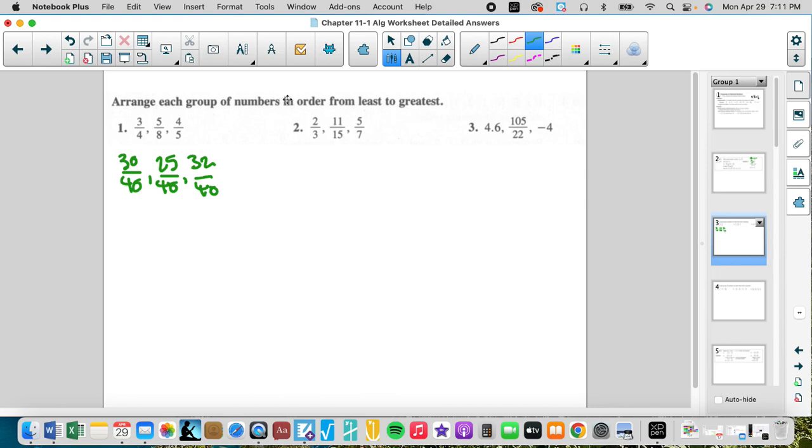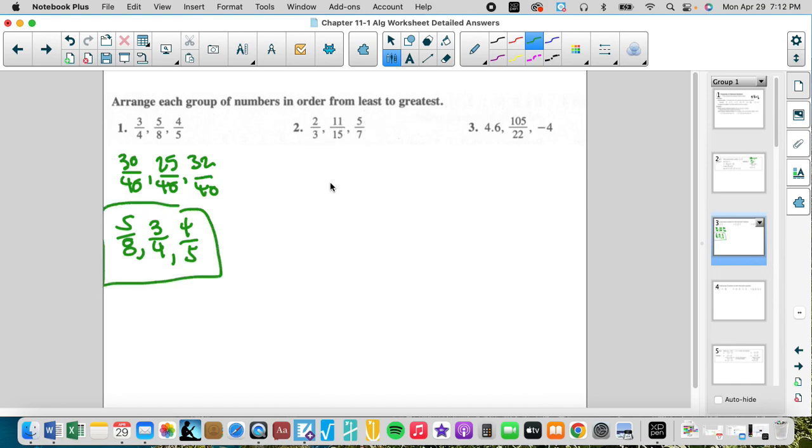So if we're going to arrange them in order from least to greatest, we write 5/8, 3/4, and then 4/5. We write the original numbers, not the new numbers. Always use the original numbers when doing this.